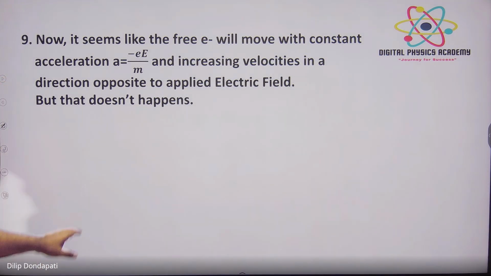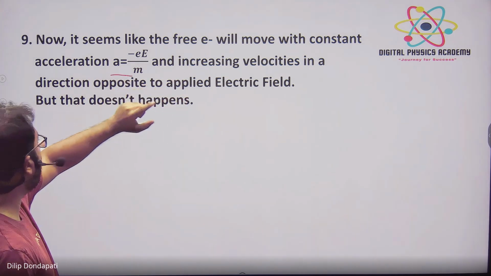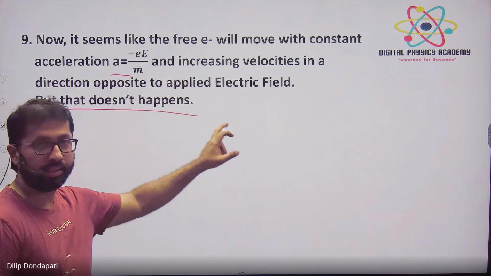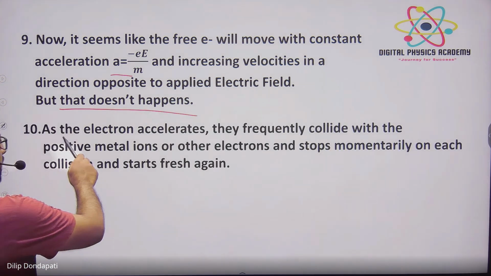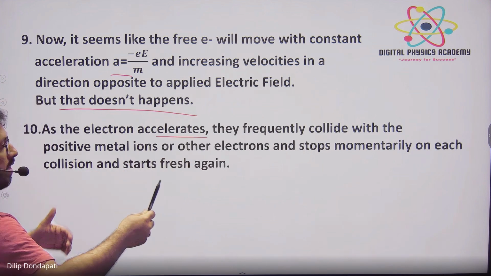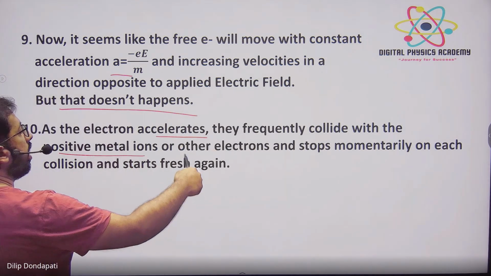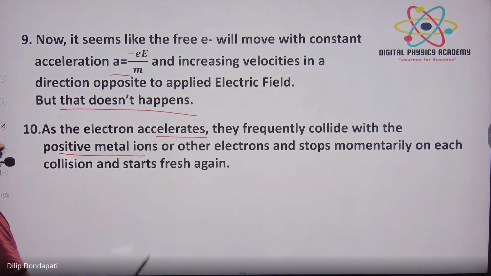Why? Because look, it seems that a free electron moves with a constant acceleration and increasing velocity in the direction opposite to the electric field, but this does not happen. Why? As the electron accelerates, it frequently collides with the positive metal ions or other electrons and stops momentarily at each collision and starts fresh again.